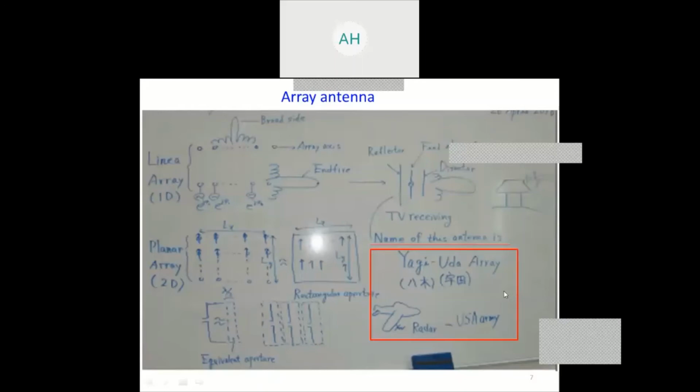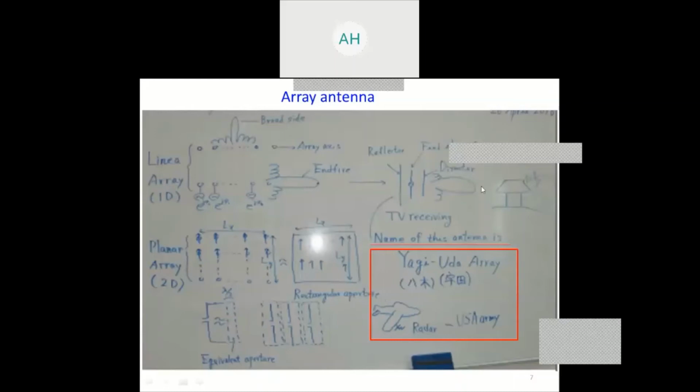So the Japanese army was very surprised and understood that the United States was very interested in new technology. This story is very famous among antenna designers.